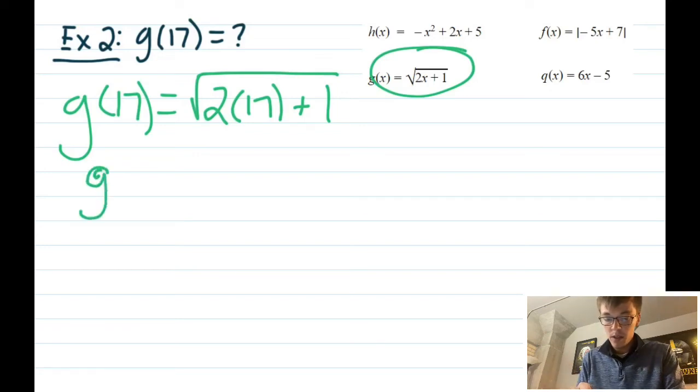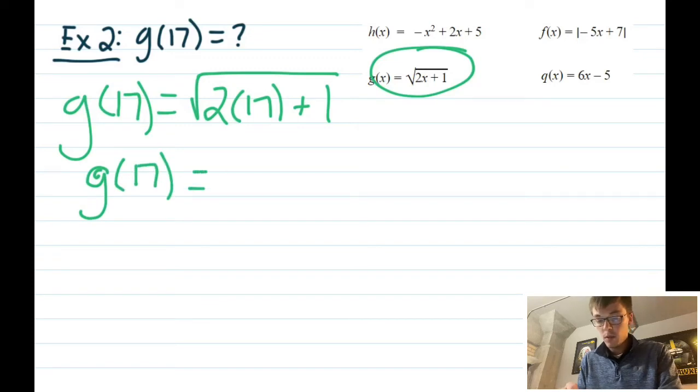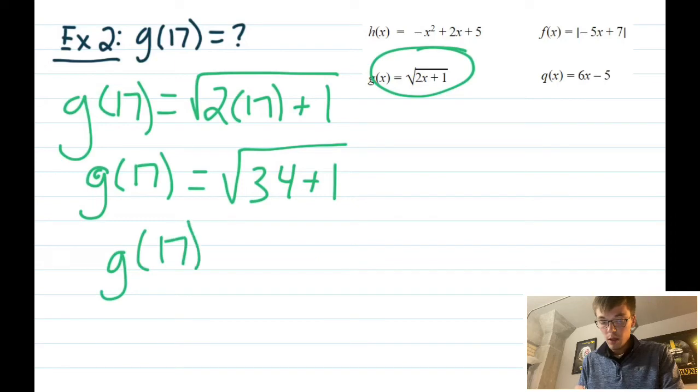On the left-hand side, that g of 17 is going to stay the same, and it's going to equal the square root of 2 times 17, which is 34, plus 1. It's still all underneath there. Then we simplify some more. So g of 17 equals the square root of 35. Now, you can figure out what that is as a decimal.